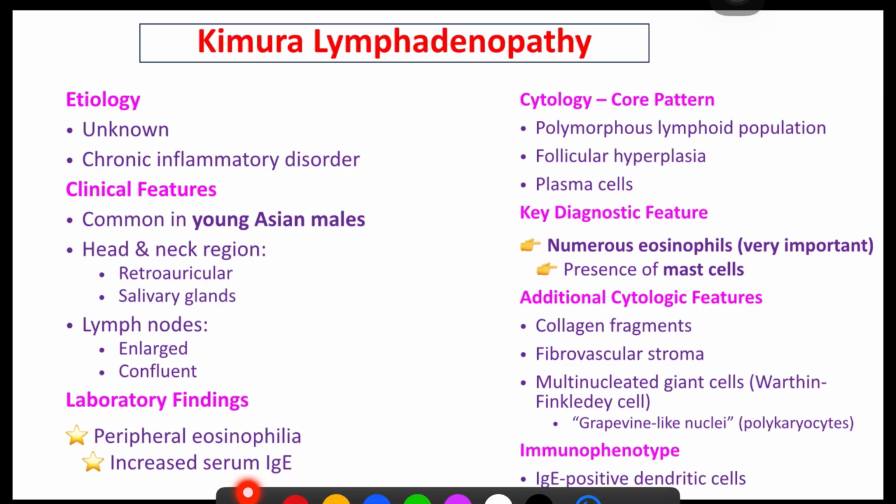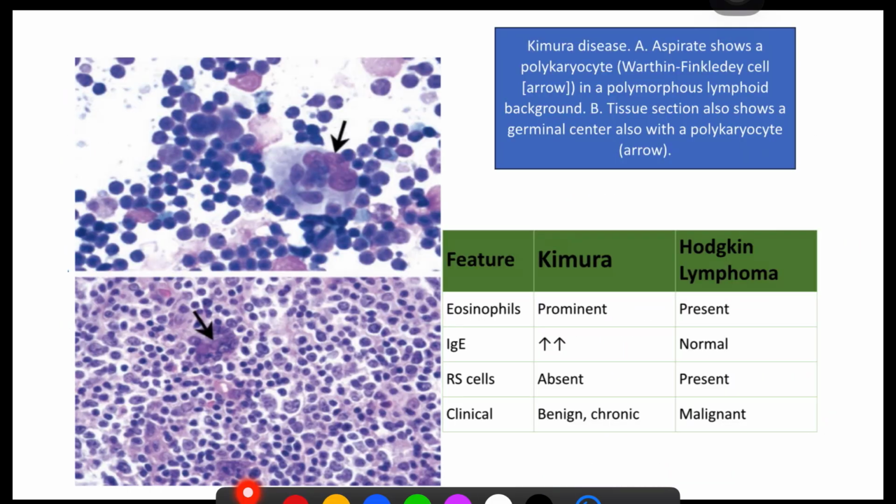Immunophenotypically, IgE positive dendritic cells are seen. So, this is a multinucleated polykaryocyte, also known as a Warthin-Finkeldey cell, and the background shows a polymorphous lymphoid population. In this histosection also we can see this type of multinucleated cell.